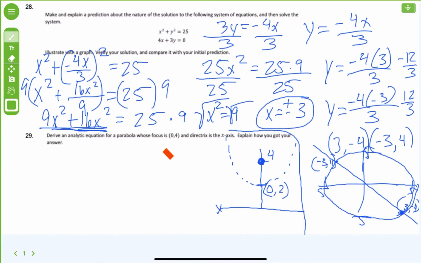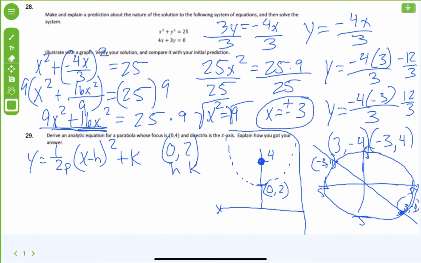So let's write that as 0, 2 is our vertex, because we know the vertex form of a parabola. And that is equal to, since it's going up, y is equal to 1/(4p) times (x minus h) squared plus k. Now we know this is h and this is k, so we can plug that in.